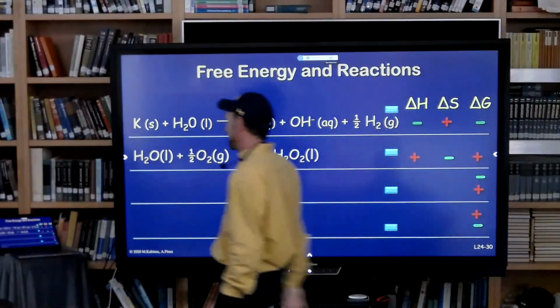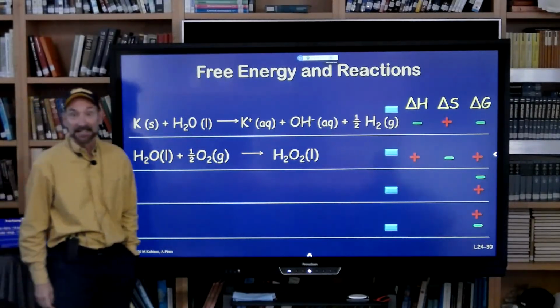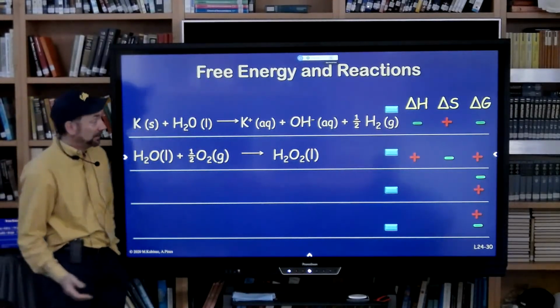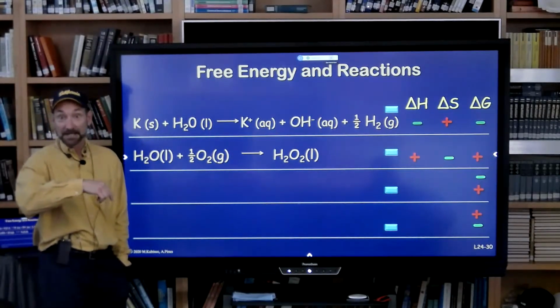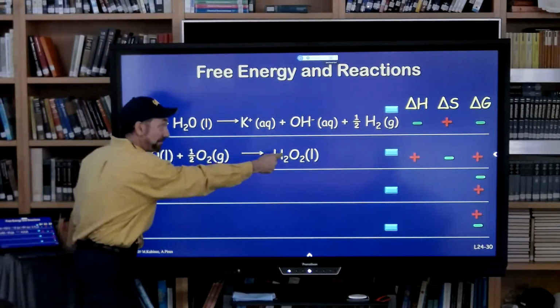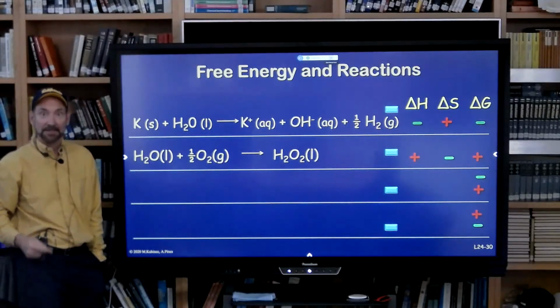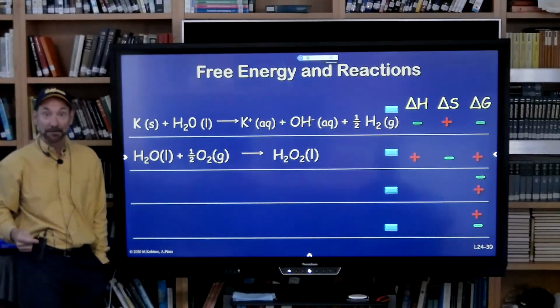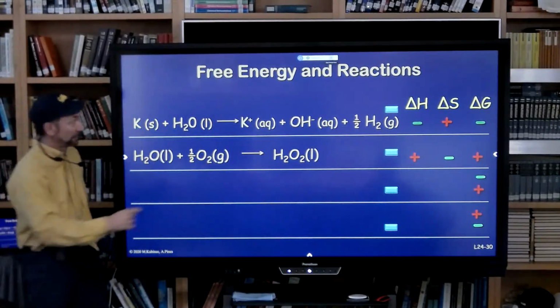That's the bad combination. So this reaction is not spontaneous at any temperature, but we can watch the reverse reaction. We saw Lonnie put a catalyst in this and going back that direction. That reaction is spontaneous at all temperatures, because going the other way is not spontaneous at any temperature.